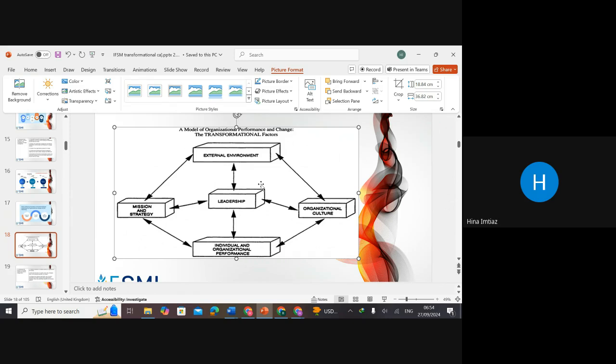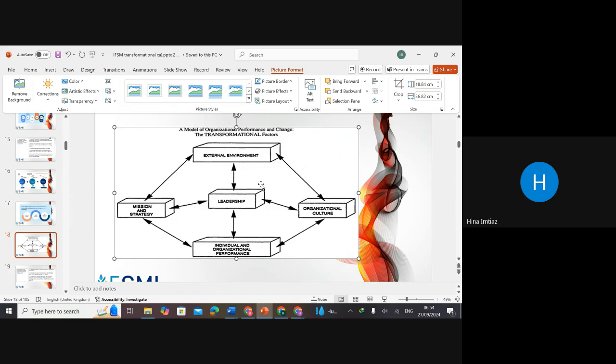All these duties belong to a leader, who is responsible for implementing a new, transformational strategy for solving such problems.